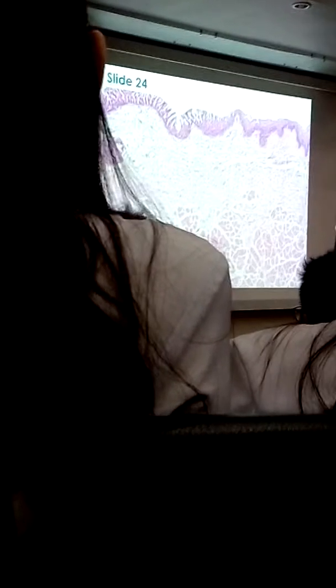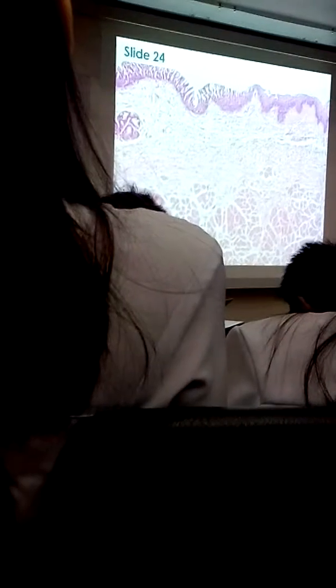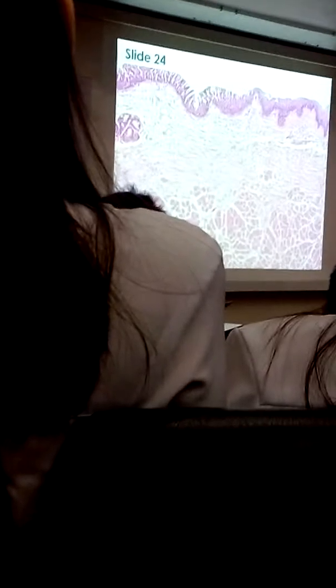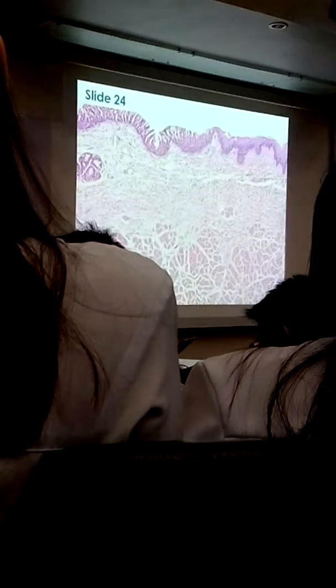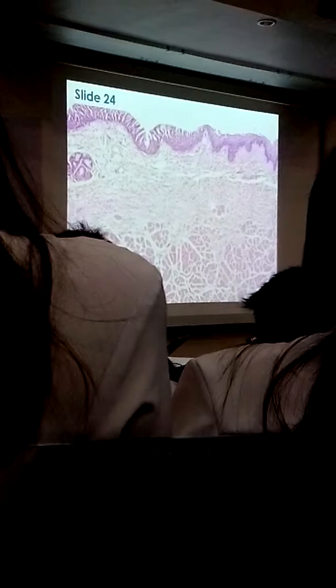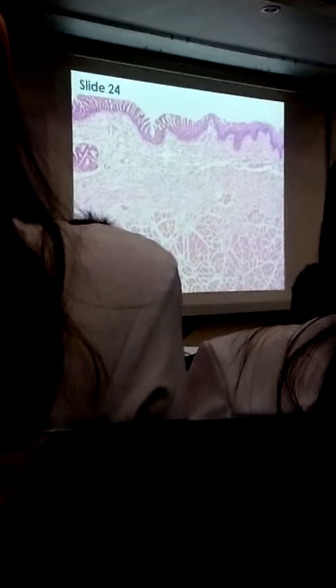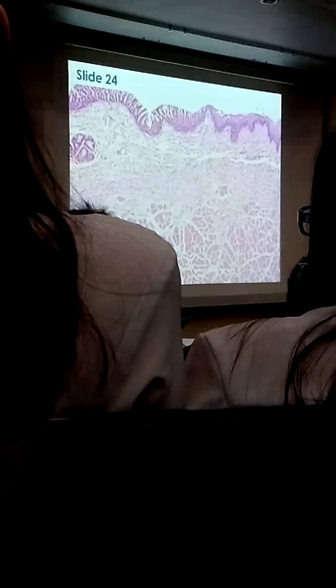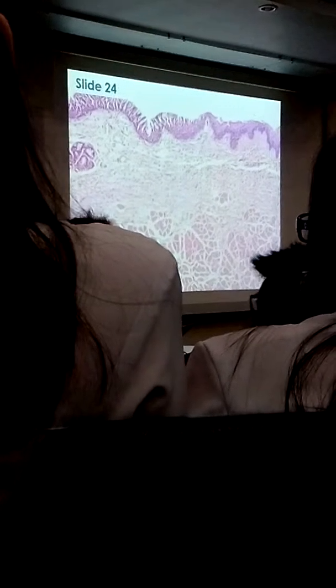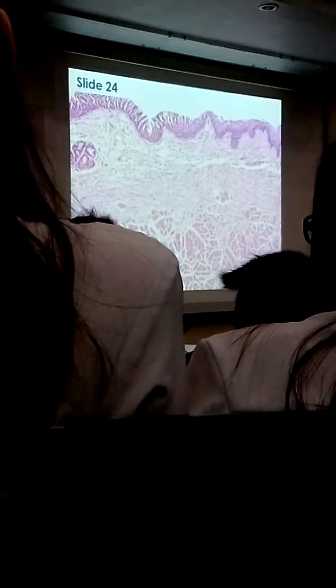So as I emphasized earlier, the laryngeal part of your epiglottis has the pseudostratified columnar ciliated, but the free portion or the lingual part of your epiglottis has the stratified squamous epithelium. So this is the junction between your pseudostratified columnar ciliated and stratified squamous epithelium. Take note that the hyaline cartilage is not visible in this slide.